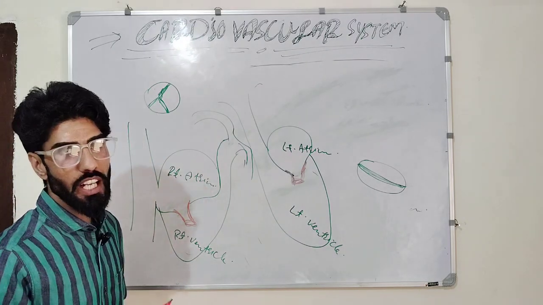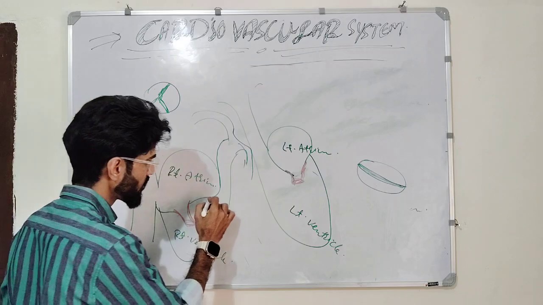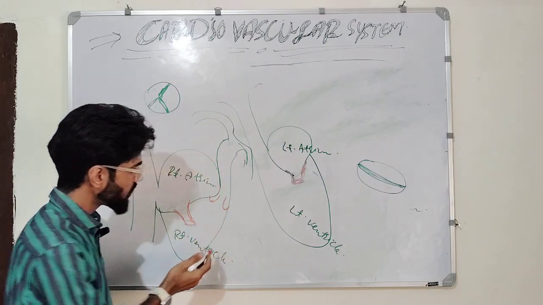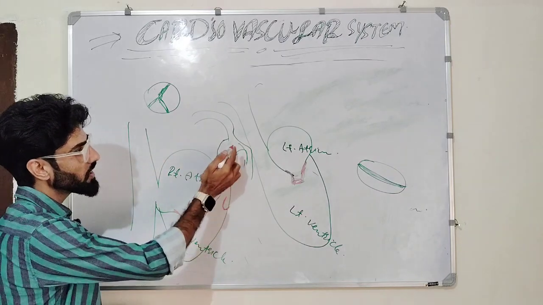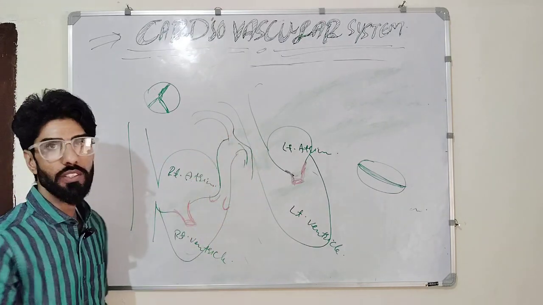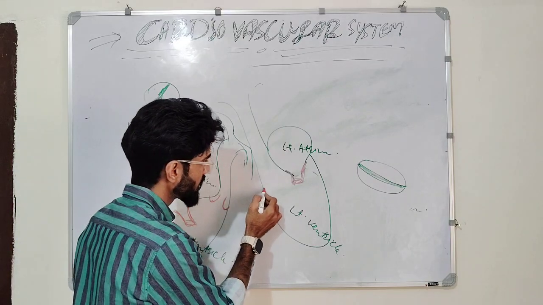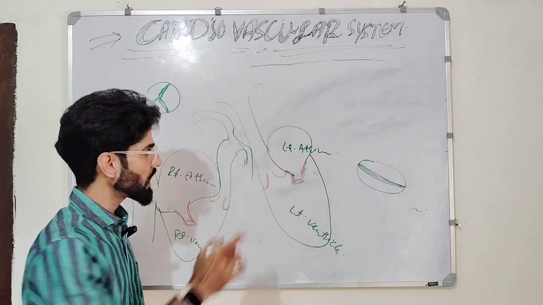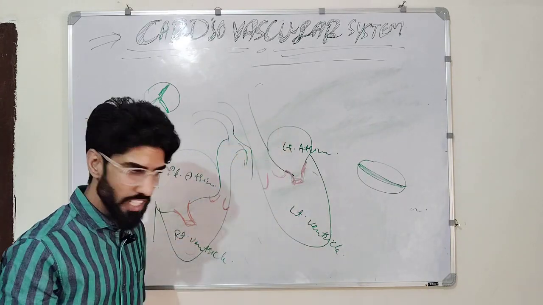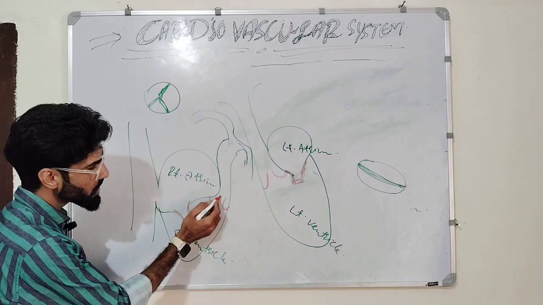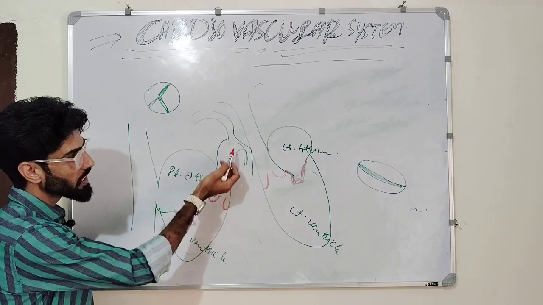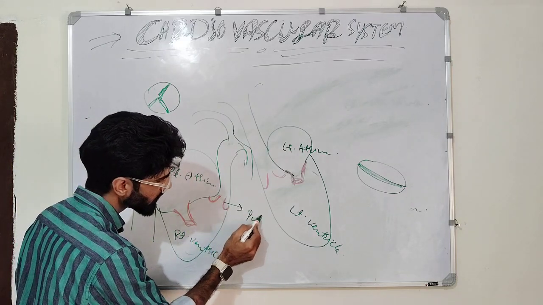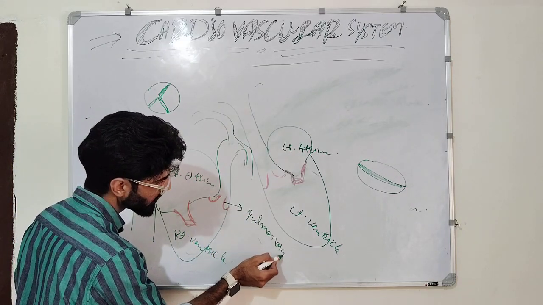So now, what are outflow valves? Outflow valves are in between the right ventricle and the pulmonary artery or the lungs, and the other valve is in between the left ventricle and the aorta or the systemic circulation. The valve between the right ventricle and the pulmonary system is called the pulmonary valve.